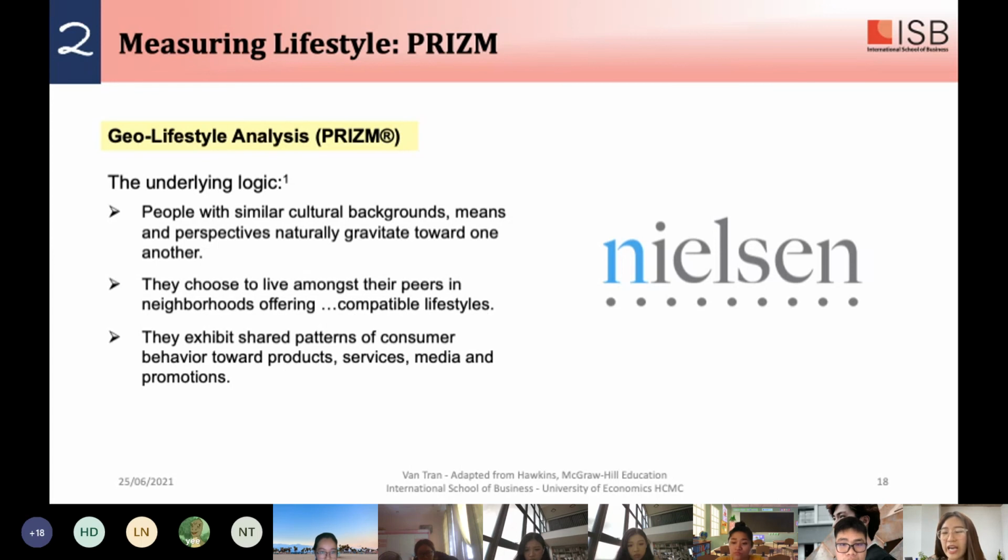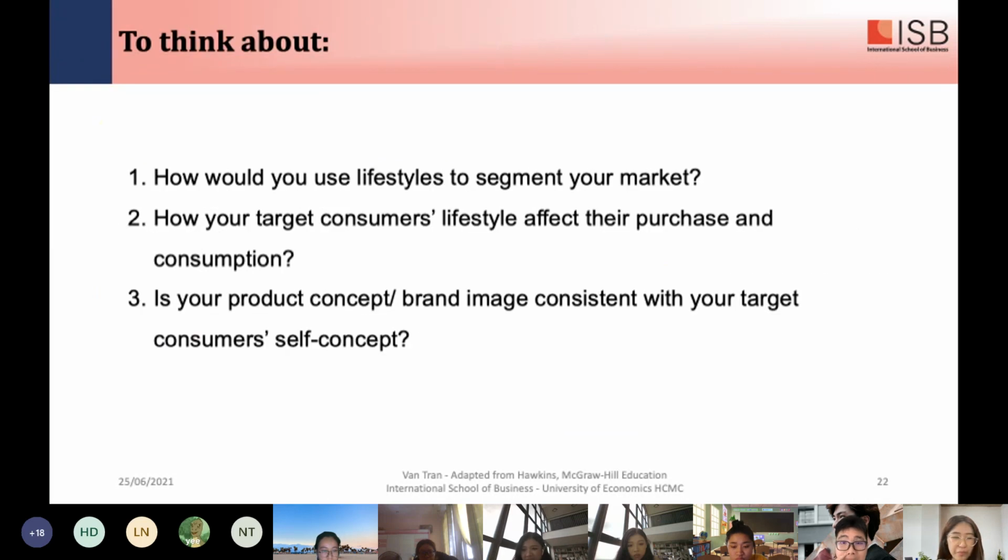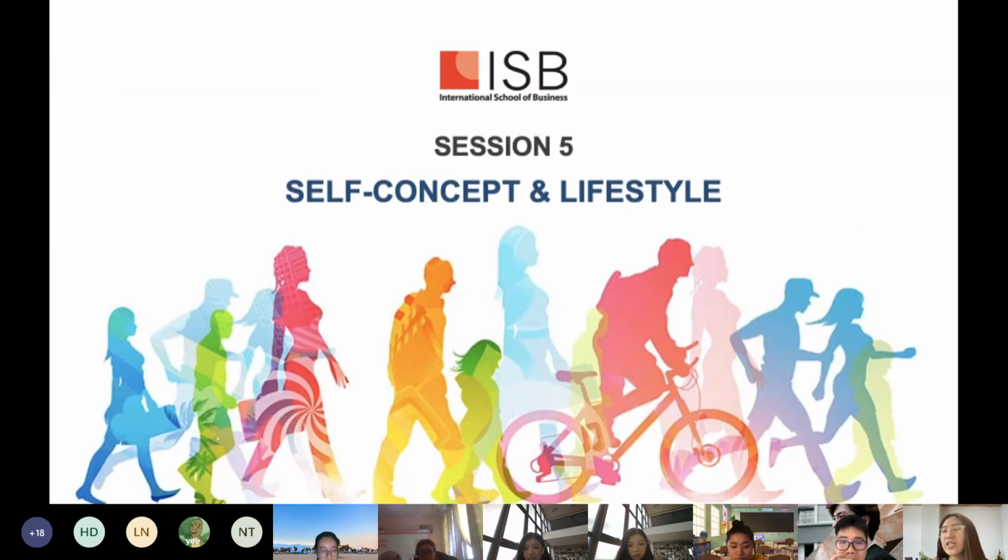So you usually go there during the weekend for entertainment. So this is the underlying logic for this method. They look at geography, and in the US, they were able to segment into 66 lifestyles. So that is basically what we have to know about self-concept and lifestyle.